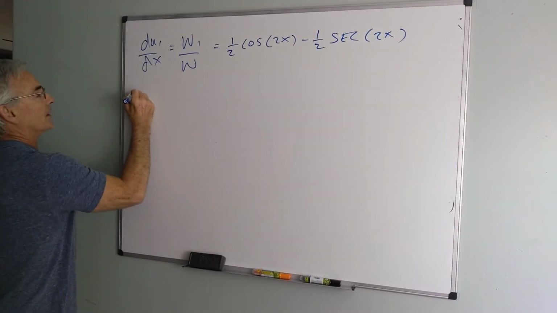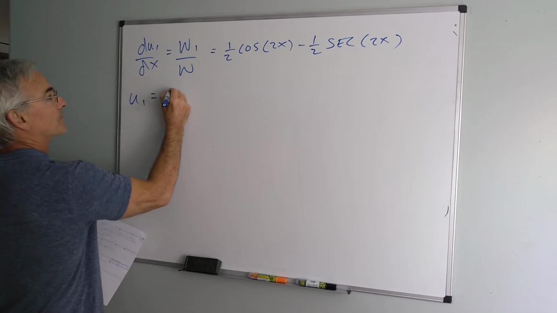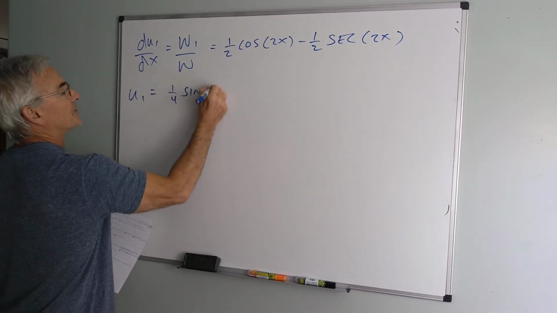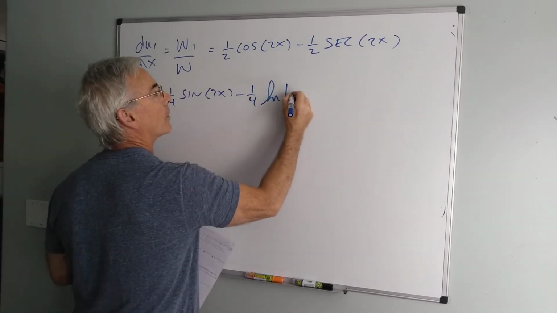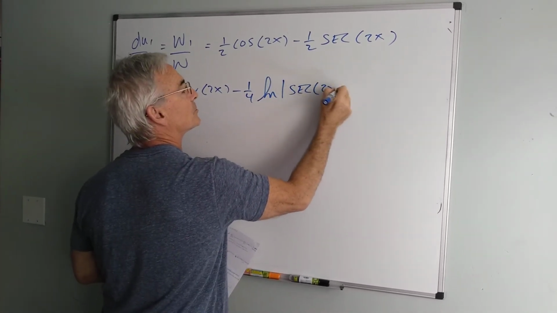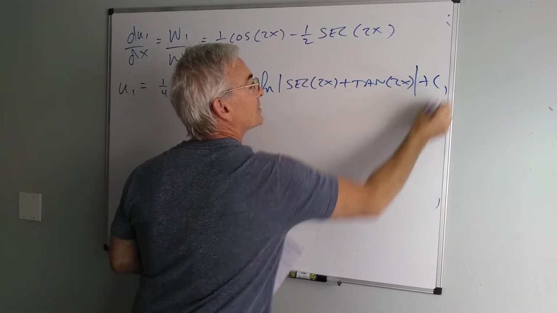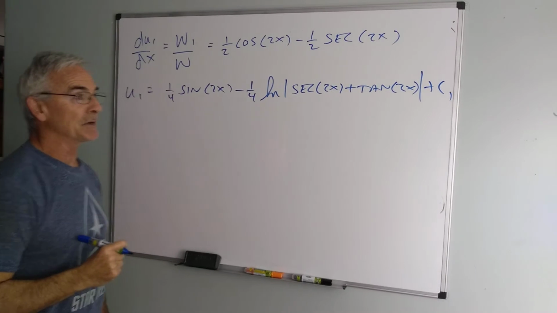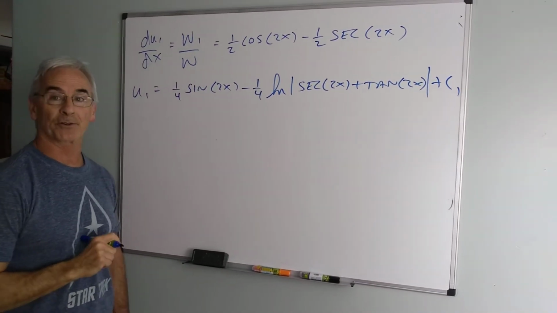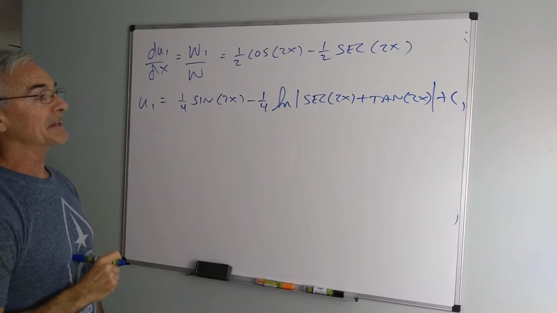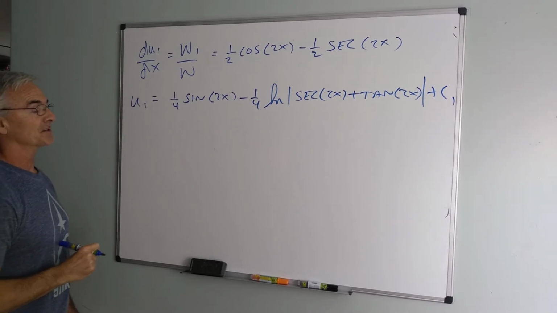So upon integrating, we find that u1 is 1/4 sine 2x minus 1/4 log secant 2x plus tan 2x plus c1. The c1 is critical. c1 cannot be 0. That would be impossible. You would never get a correct answer if you replace c1 with any value. That c1 has to be there for the remainder of the problem because that's where the homogeneous solution actually comes from.